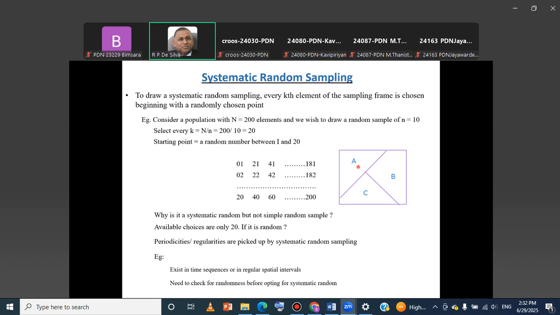Suppose you use total random sampling and you happen to get more samples in one area.